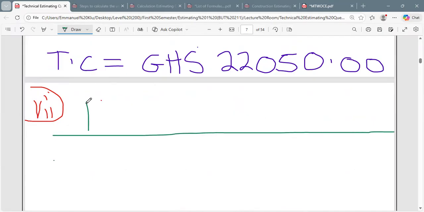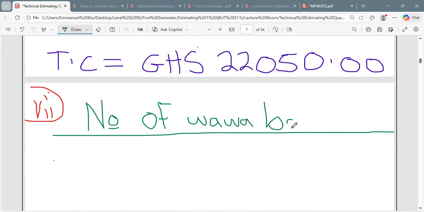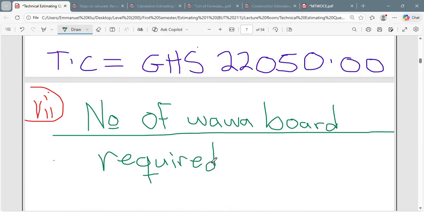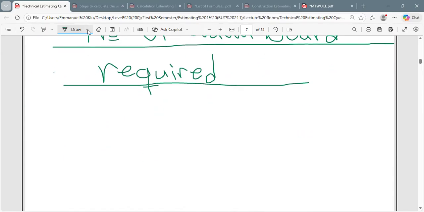So this is the number of Wawa board required.